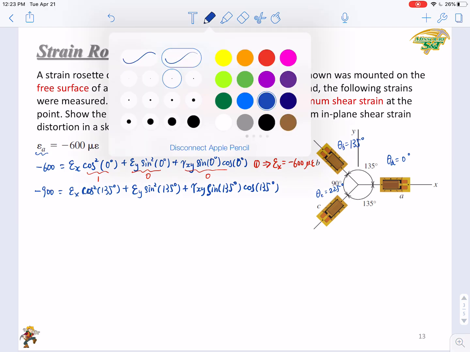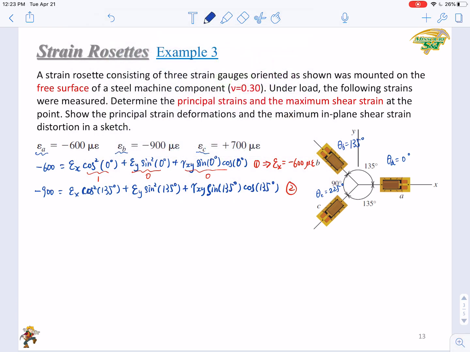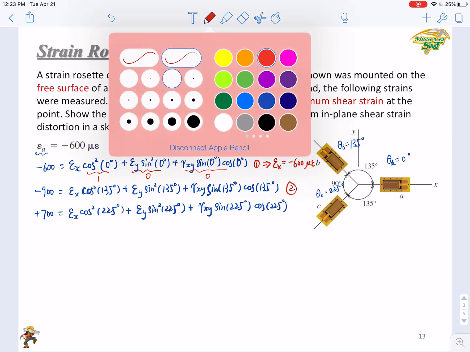This is our equation 2. Then the third equation, positive 700 equals epsilon x cosine square 225, plus epsilon y sine square 225 degrees, plus gamma xy sine 225 cosine 225. This is our equation 3.